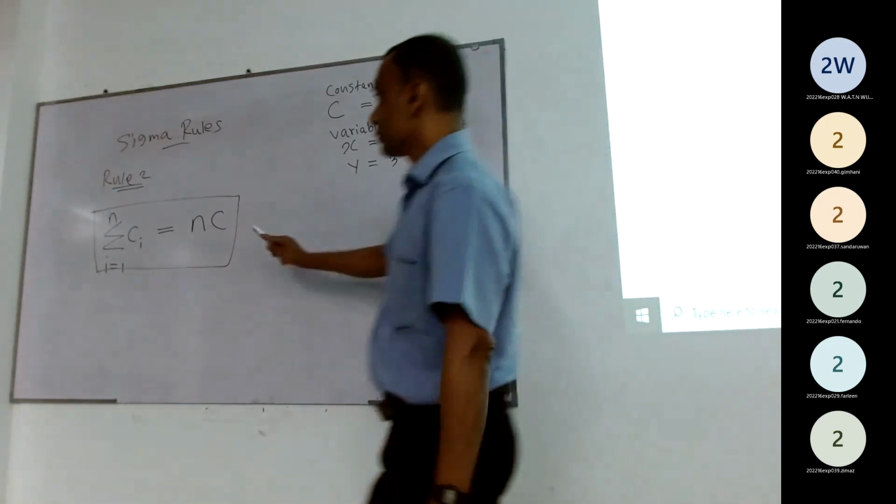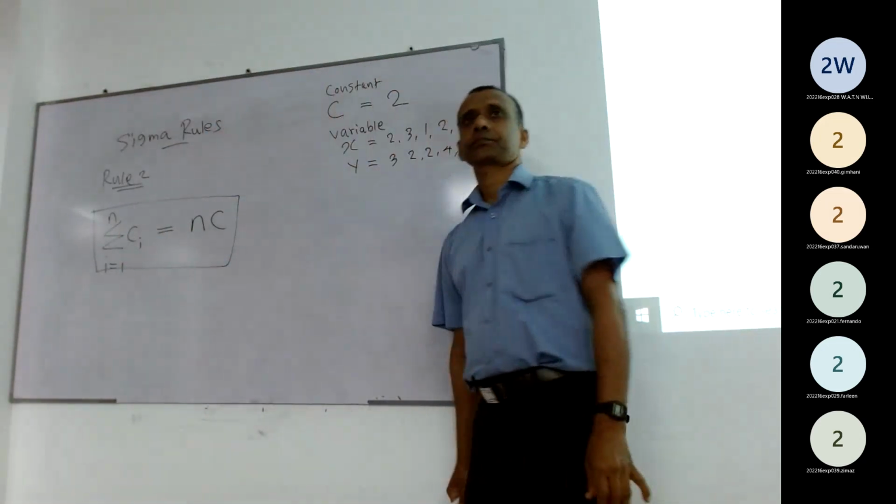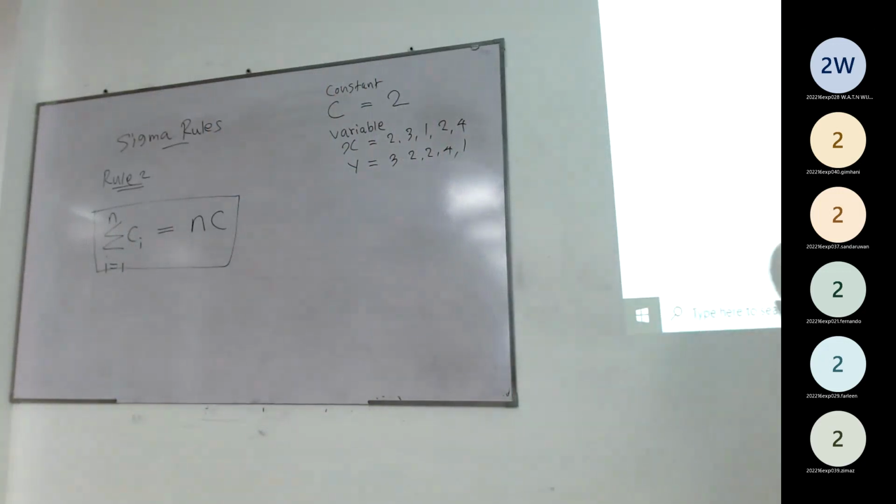Then you can note this down: sigma i equals 1 to n, C equals nC.